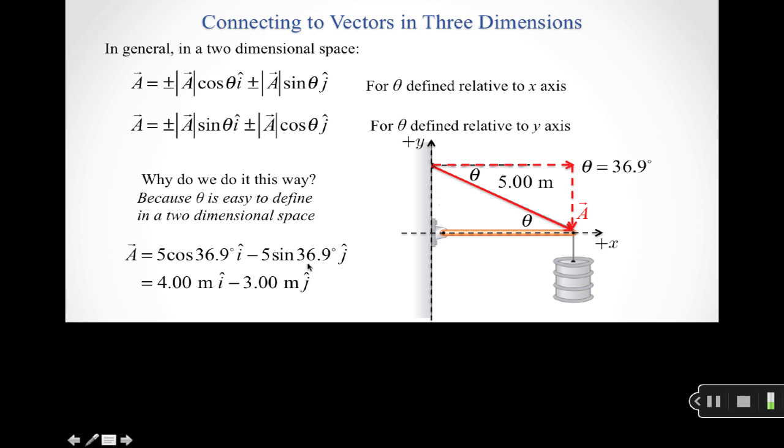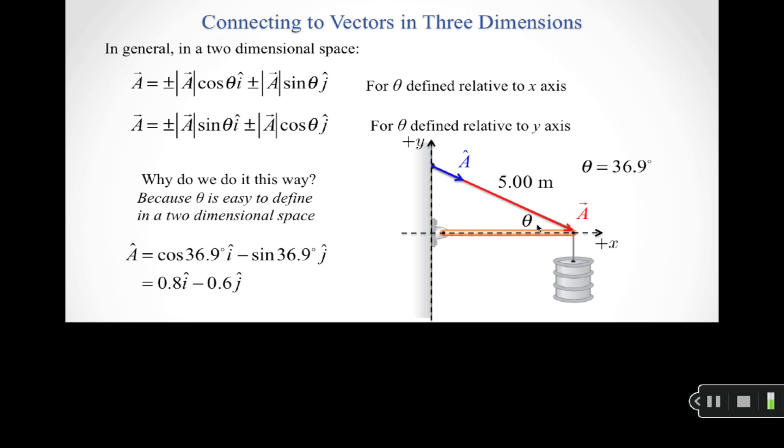So here's where I calculate out what the x component is, here's the y component, and just plugging that into my calculator, I get 4 meters i hat minus 3 meters j hat. So again, because these angles are relatively easy to define, it makes it fairly straightforward to break vectors up into their components using those angles in two dimensions.